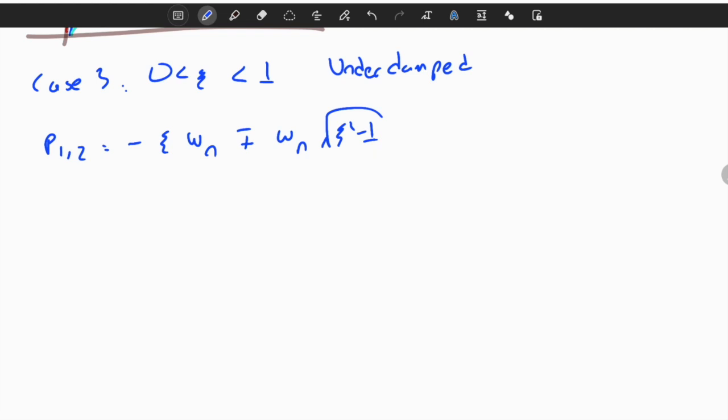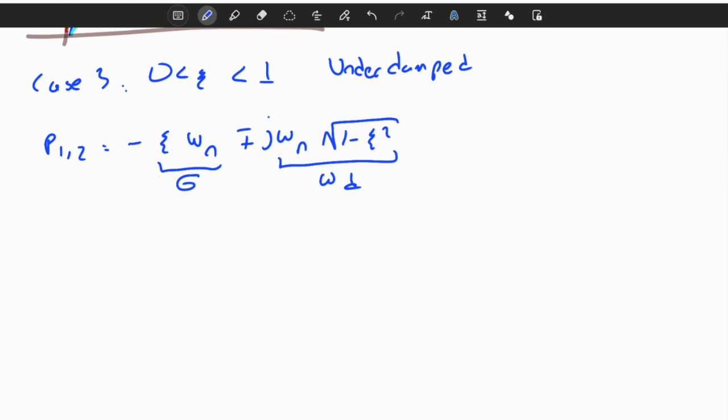The square root of a negative is a complex number, so instead it is equal to minus zeta omega n plus or minus j omega n square root of 1 minus psi square. So I have a complex conjugate pair. This is important. This real part, let's call it sigma, and this part we call omega d. Since omega is in units of frequency, omega d also has units of frequency.